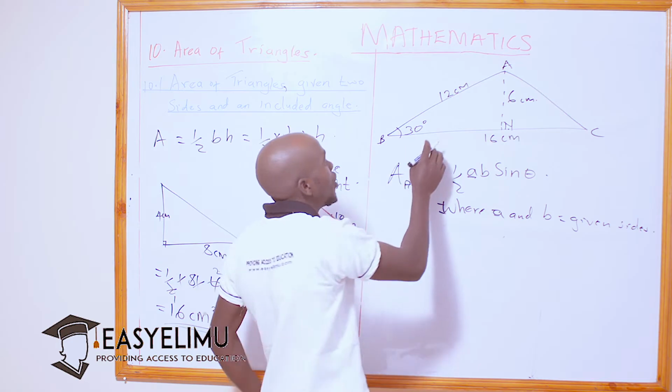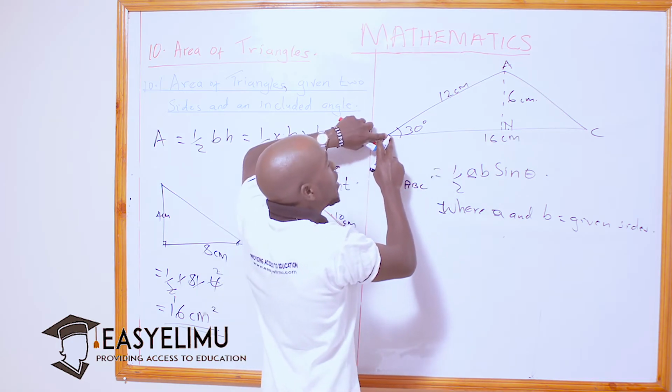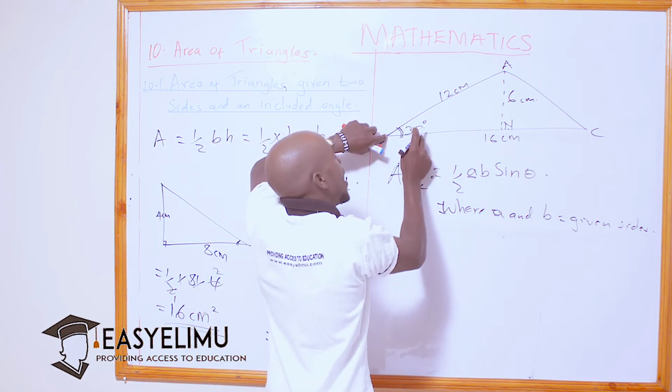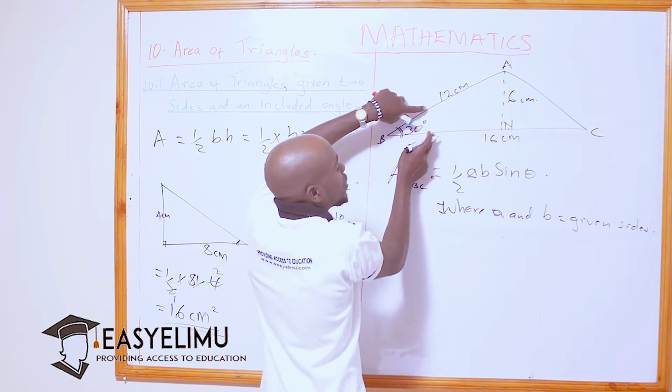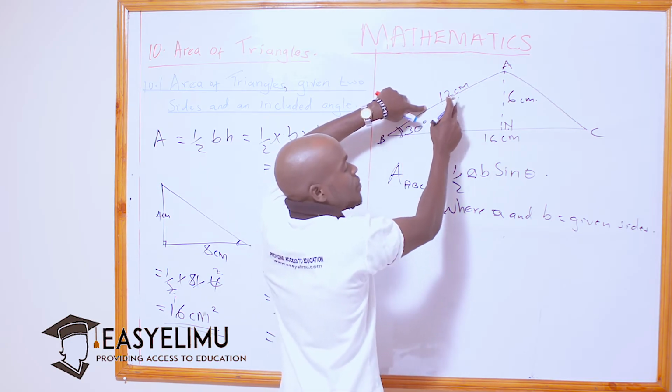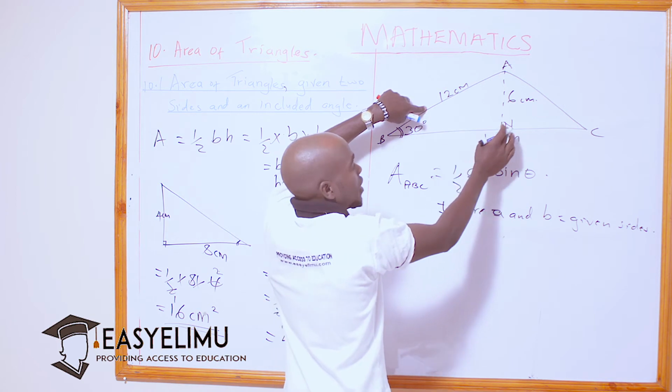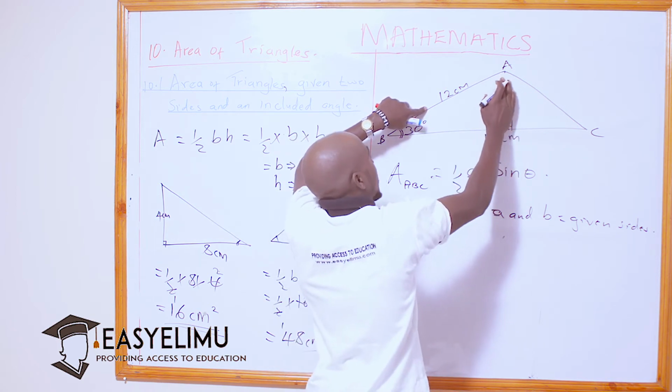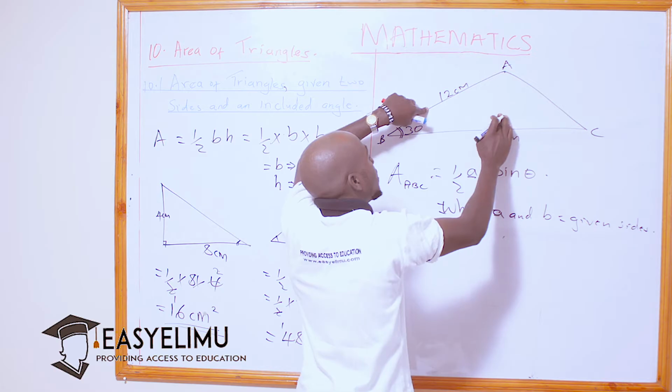For instance, here we have this angle of 30 degrees enclosed by two sides, one of 12 centimeters and another of 16 centimeters. Let's take out this 6 centimeters because it was not included at that point.